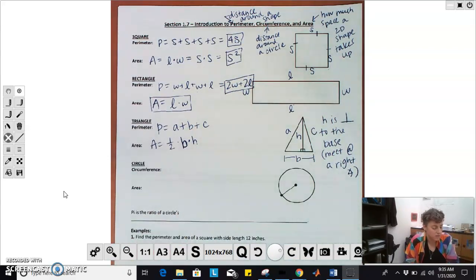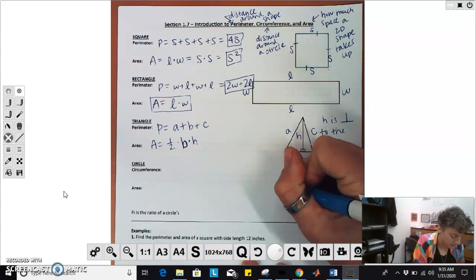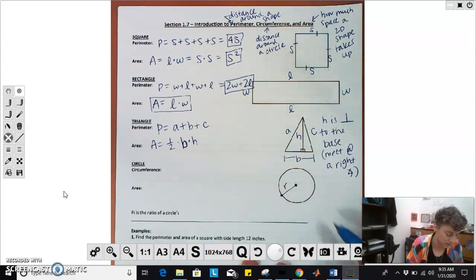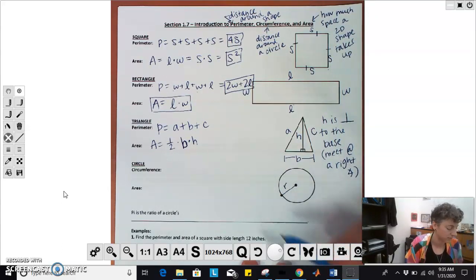All right, our final shape, we've got a circle. Circles are defined actually as the infinite set of points that are a distance, a radius, away from the center. So all these points together around make a circle.